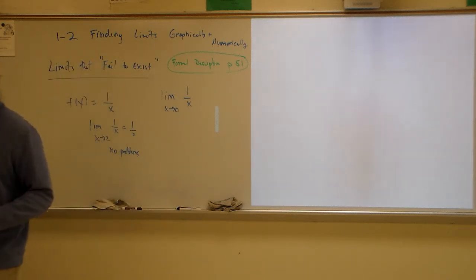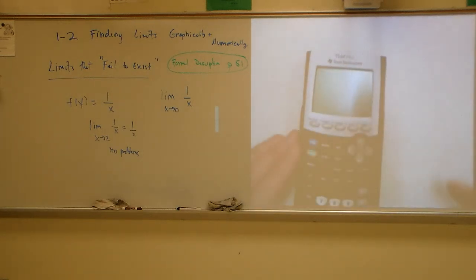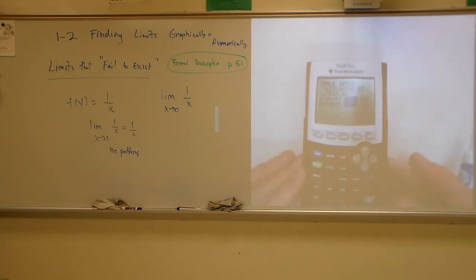Okay? So if I were to type this into my calculator, I have my y equals, I clear that out. This is going to be 1 divided by x, okay? And then I'm going to hit second table set. 0 is the number in question, so I'll start at negative 0.01.